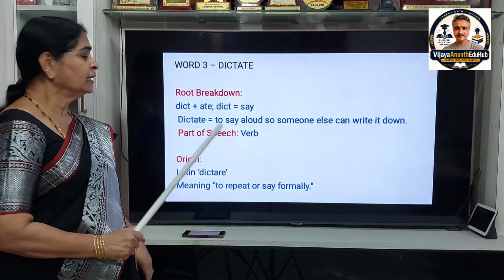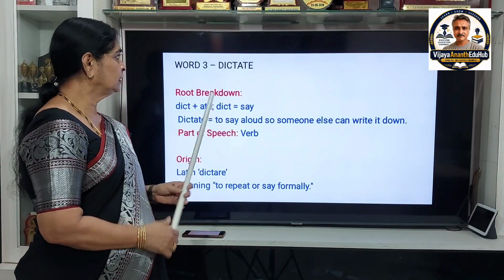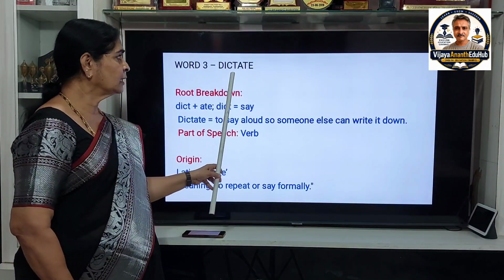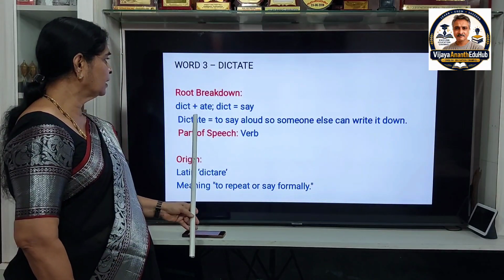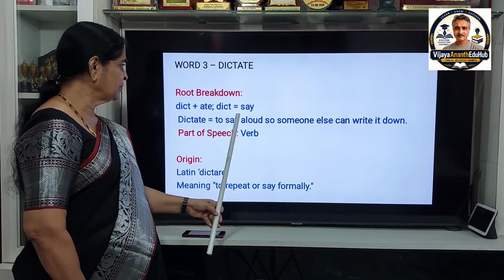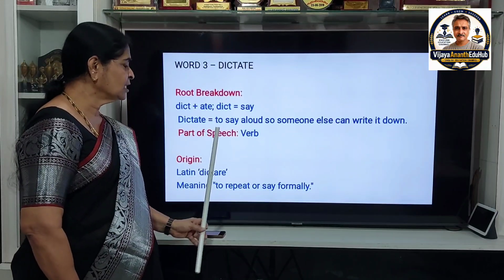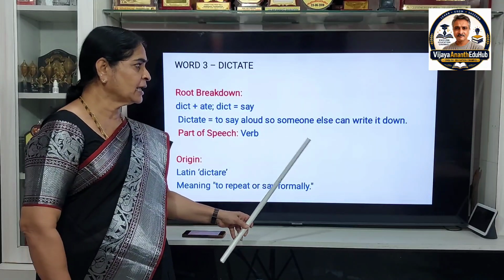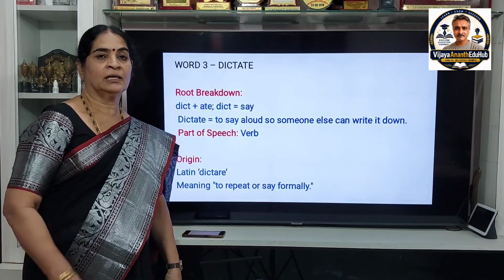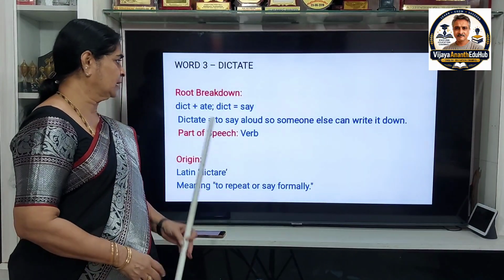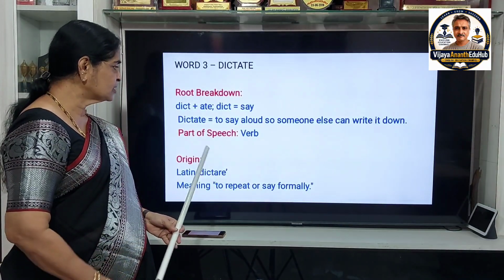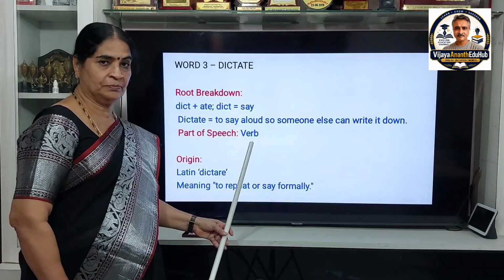Next, word three, dictate. Our root is dict, plus ate is added. Dict means say. Dictate means to say aloud so someone else can write it down. Part of speech, it's a verb.